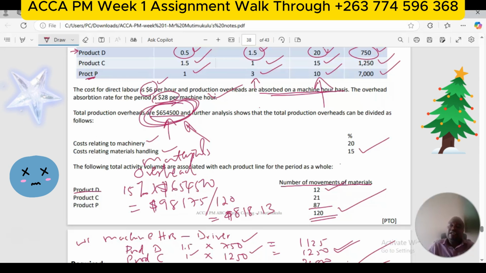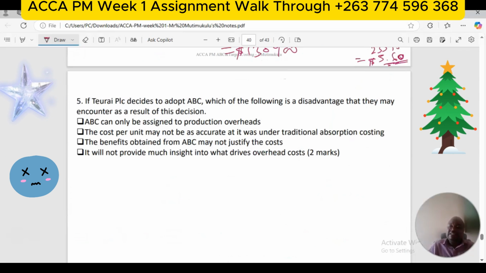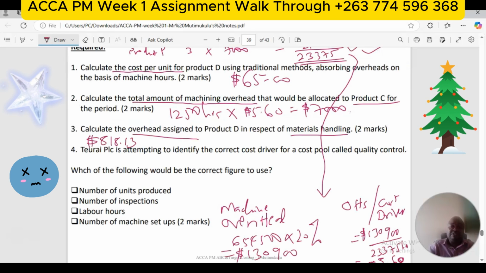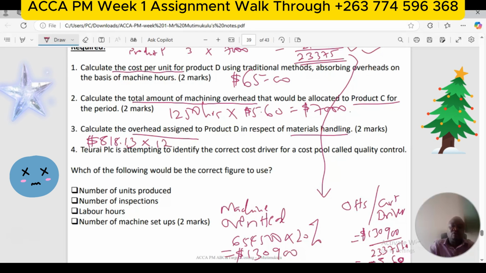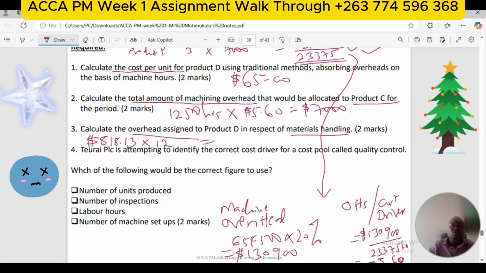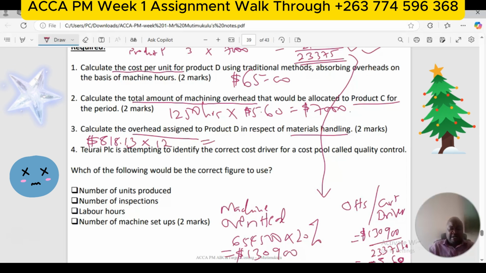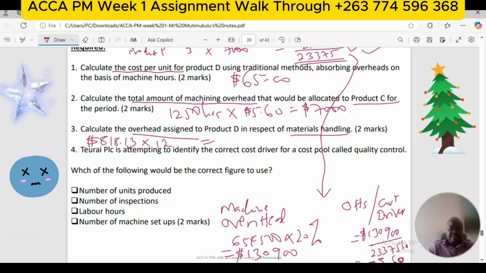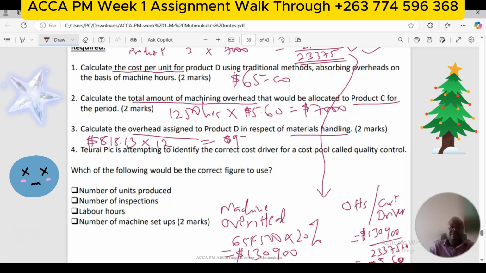So we multiply that by the cost per movement. There were 12 movements, and 818.13 multiplied by 12 gives us 9,818.